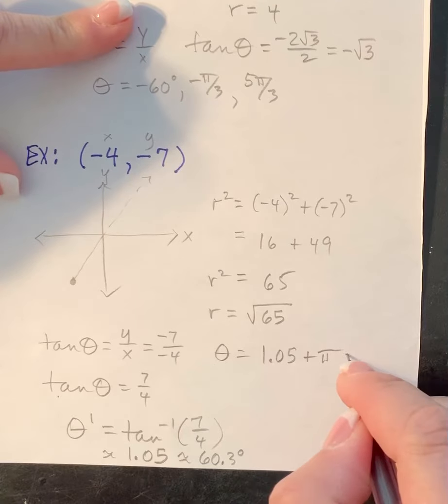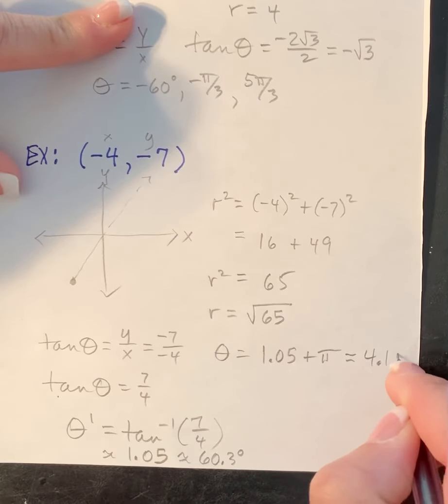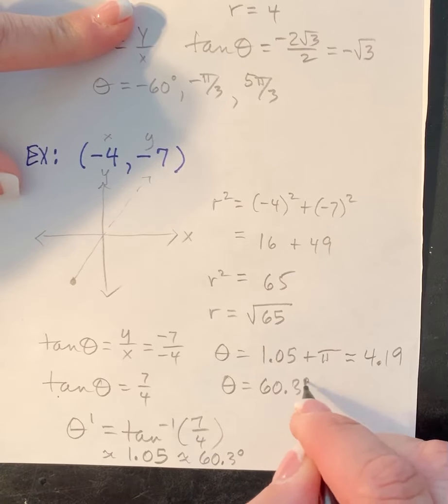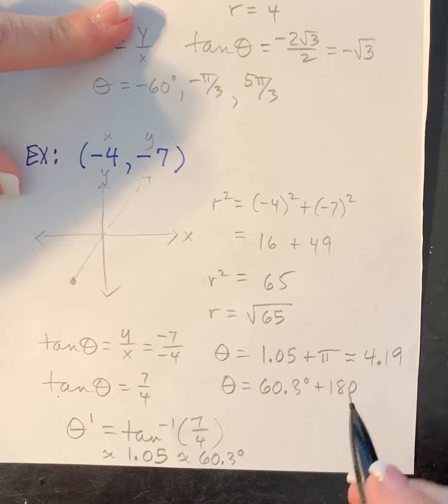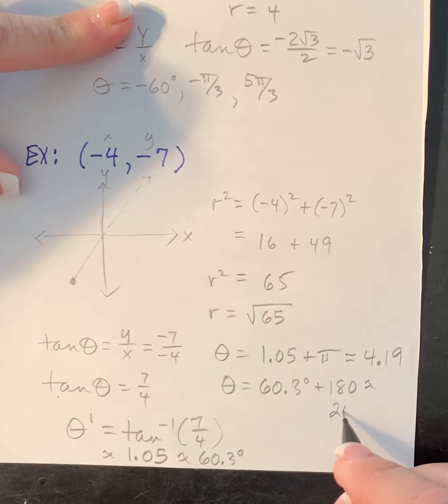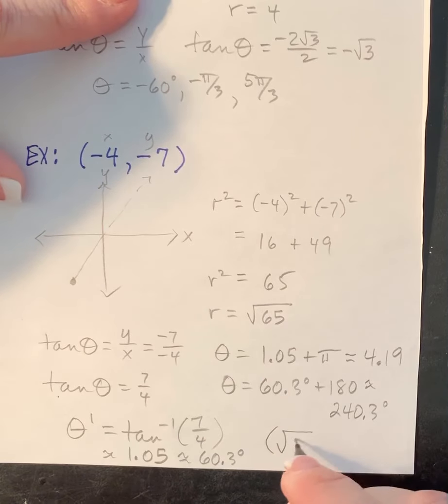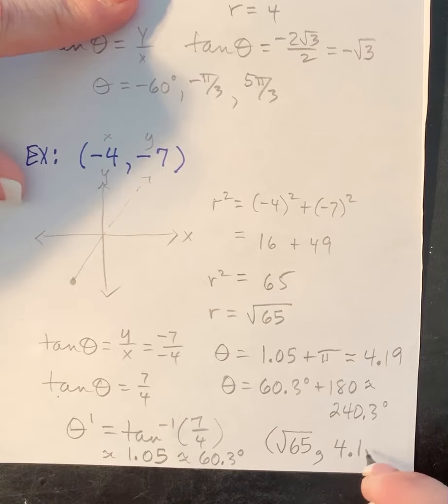So roughly 4.19. If I work in degrees, I could add 180 degrees. So that would be about 240.3 degrees. Right. So one possible answer for this question then would be the square root of 65, comma, I'll write the one in radians, 4.19.